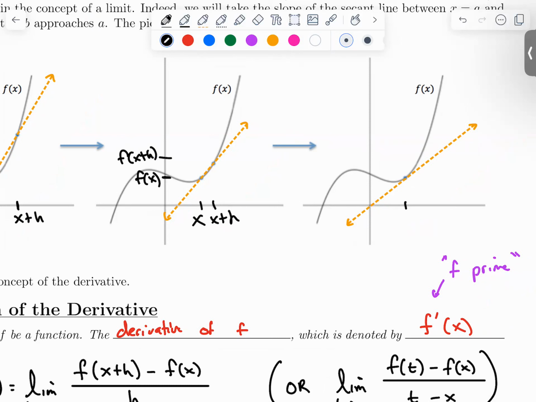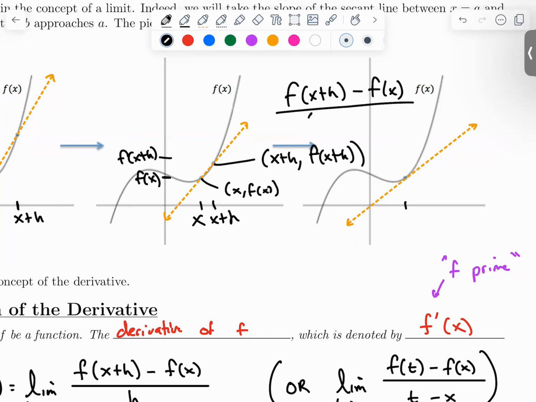You have this point, which is X comma f of X, and this point, which is X plus H comma f of X plus H. And so you're doing y sub 2 minus y sub 1, so f of X plus H minus f of X, over x sub 2, X plus H, minus x sub 1, or X, excuse me.